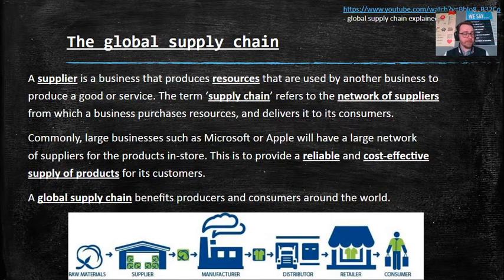That's fine, but if something happens to that one supplier, now all of a sudden they can't do anything at all. But if they have a network of suppliers, if they have a lot of different people that they get their resources from to build their products, that means that they have a reliable and cost-effective supply of products. Because if one thing happens to that guy, they've still got 9 other people who can give them what they need.